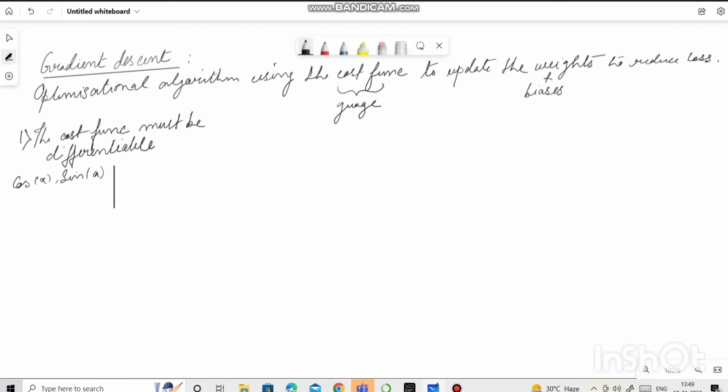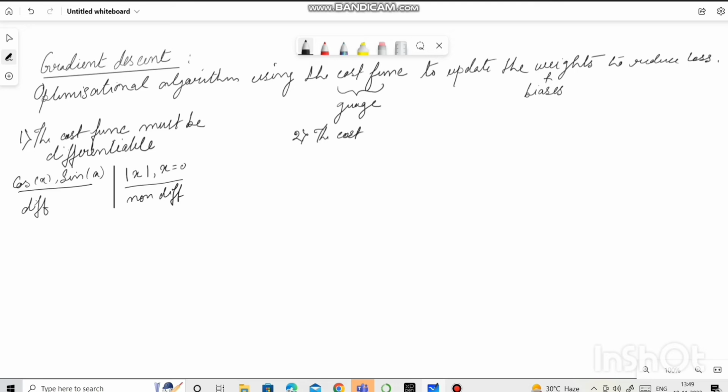Whereas an example of a non-differentiable function would be mod x at x equals 0. This is non-differentiable. This is differentiable.